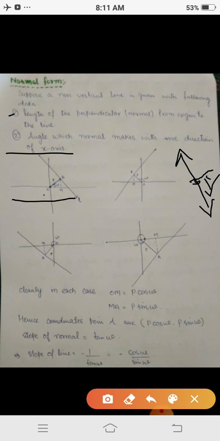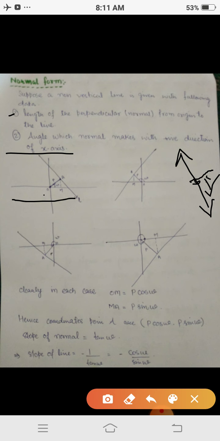Its length is given as p. Let us assume it makes an angle omega with the positive direction of the x-axis, so omega is an acute angle. From this point A, the foot of the normal, we draw a perpendicular on the x-axis, that is AM.